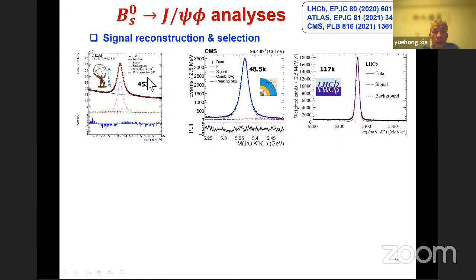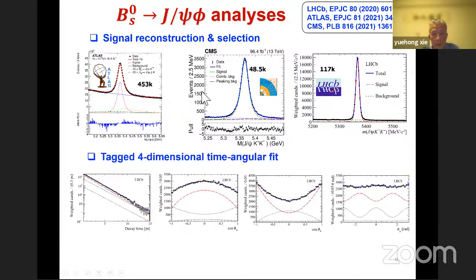All these three experiments have analyzed part of the Run 1 and Run 2 data to measure phi_s in B_s to J/psi phi. Shown here are the J/psi phi mass distributions, where you can see clean B_s peaks for ATLAS, CMS, and LHCb. Then phi_s is extracted from a fit to the 4-dimensional distribution of decay time and the angular variables.